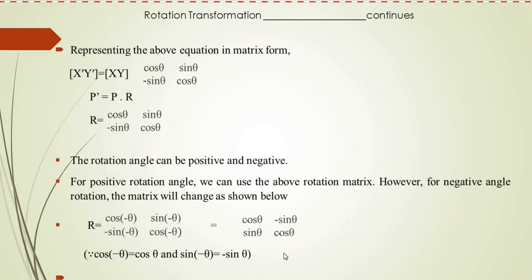We represent this equation in matrix form, that is cos theta, minus sin theta, sin theta, cos theta. Here is the equation for anti-clockwise rotation. We rotate the object in the anti-clockwise direction, and this other one is for the clockwise direction. The rotation angle can be positive, and here it is the negative angle. In the clockwise direction there is a matrix, cos theta, sin theta, minus sin theta, cos theta.